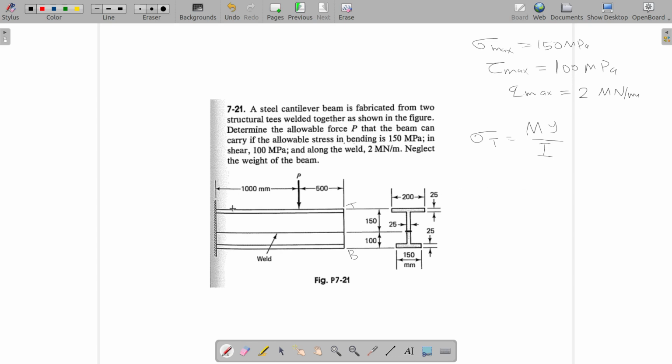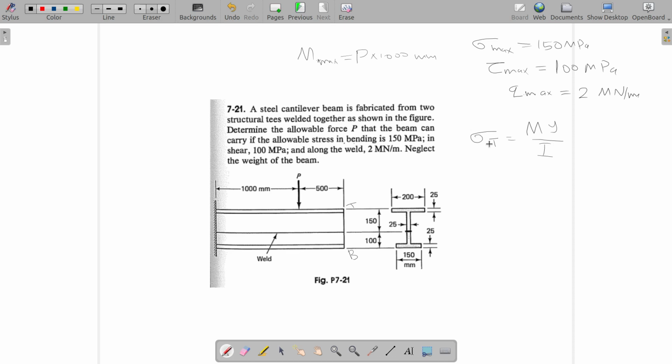The maximum possible bending moment is P multiplied by 1000 millimeter, which is nothing but 1 meter. So P multiplied by 1000 millimeter, you convert the units properly, that will be the maximum bending moment.